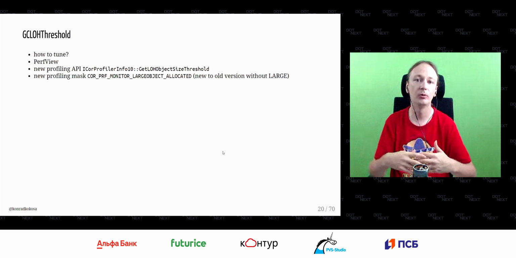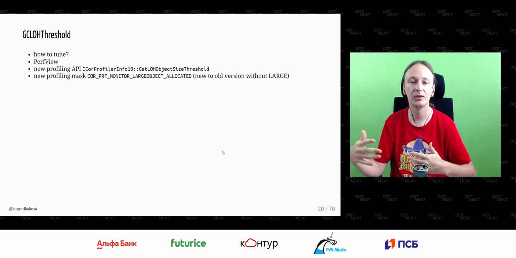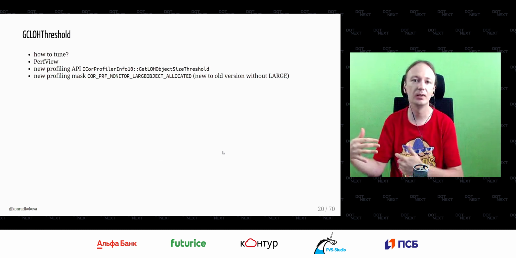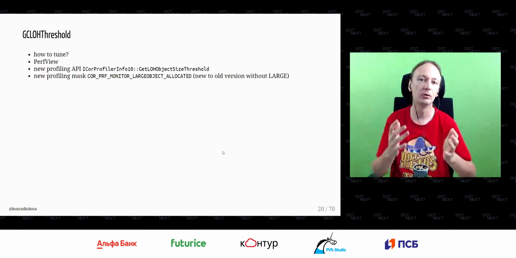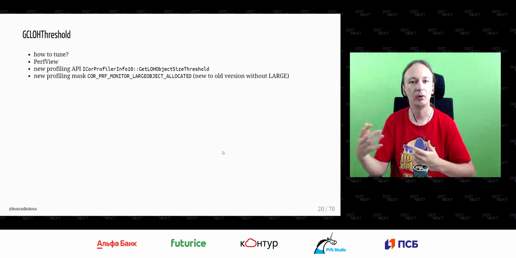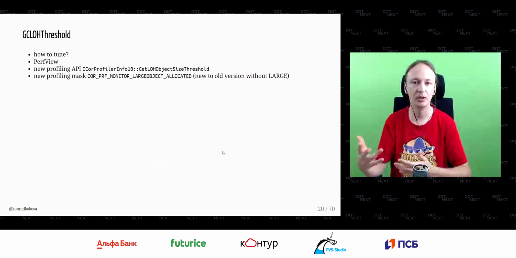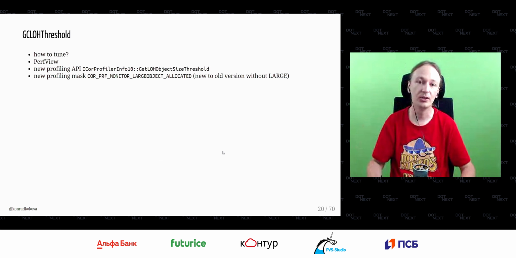You can use PerfView, you can use the statistics from the PerfView session or .NET session, which will allow you to see the fragmentation of generation 2, for example, and with the profiling API, some tools, including PerfView, will allow you to see what is being allocated in the large object heap, so you will have good knowledge about whether you have this problem or not, and then you have the solution, which is called GC large object heap threshold. So this is a nice and easy thing.